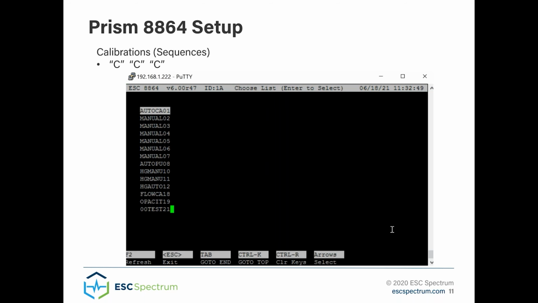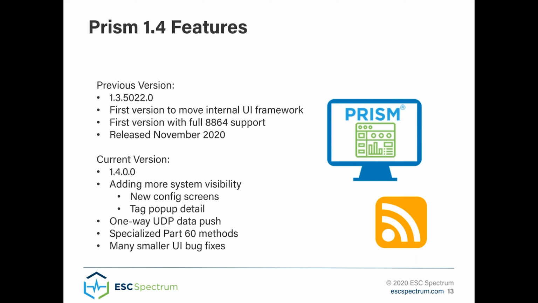And we've added some tag detail pop-up in the main application that will give you more visibility into individual points in the system, how they're configured, what they're looking at, what they're dependent on, things like that. Cybersecurity is also a major focus for us, so we did implement a one-way UDP data push. This allows us to push data across a one-way boundary to satisfy some cybersecurity requirements.